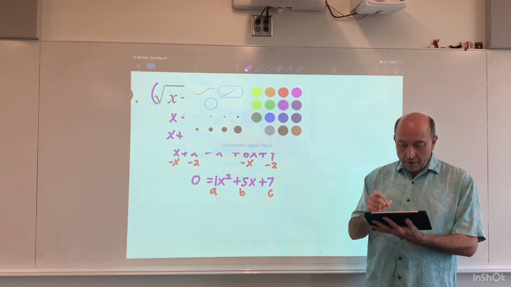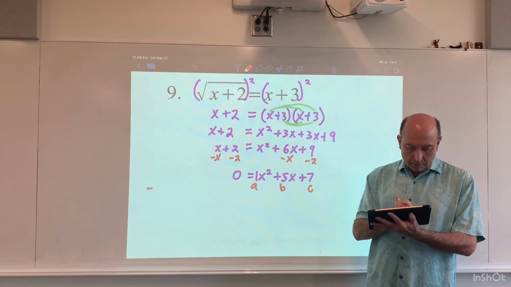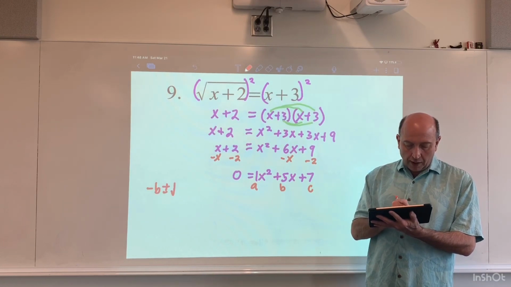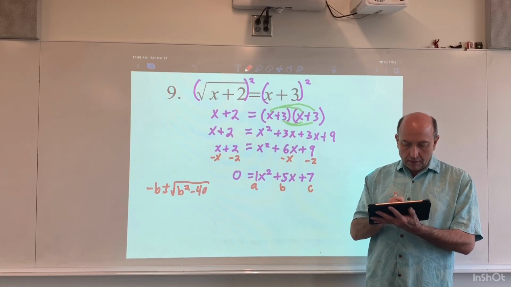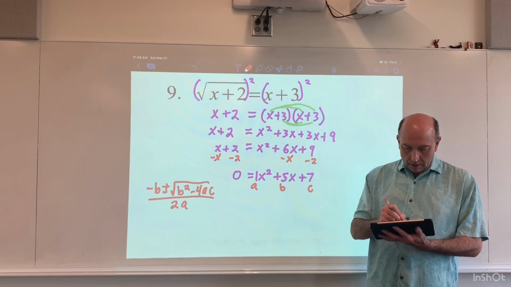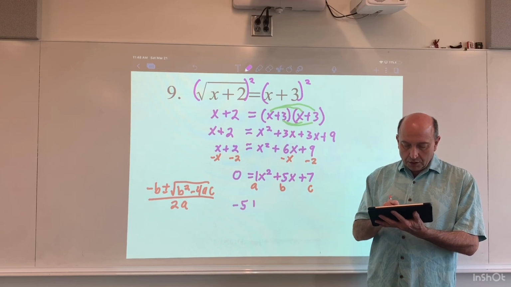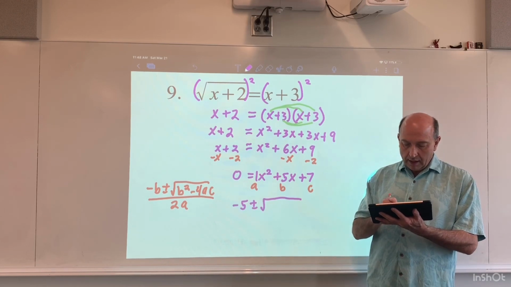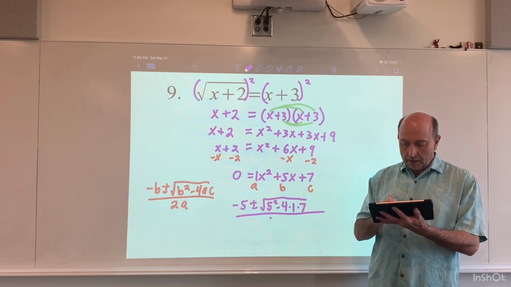The quadratic formula was negative b plus or minus the square root of b squared minus 4ac all over 2a. All right, so I have negative 5 plus or minus the square root of 5 squared minus 4 times 1 times 7 all over 2a. 2 times 1 is 2.